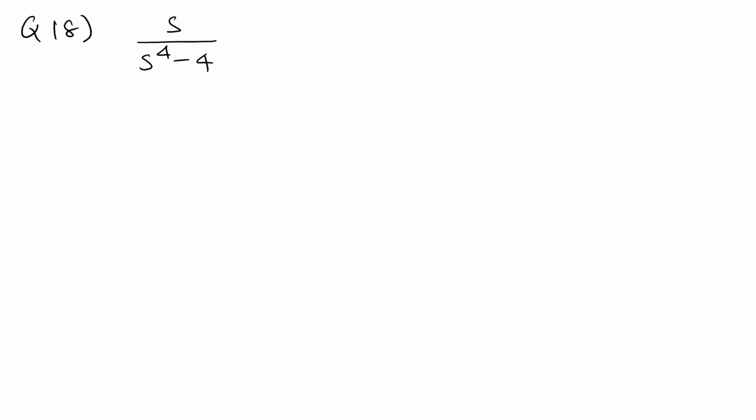You notice that you can write the denominator as (s squared) squared minus 2 squared. So then we can use the difference of squares and write this one like this. We can write this one as s over (s squared minus 2)(s squared plus 2).